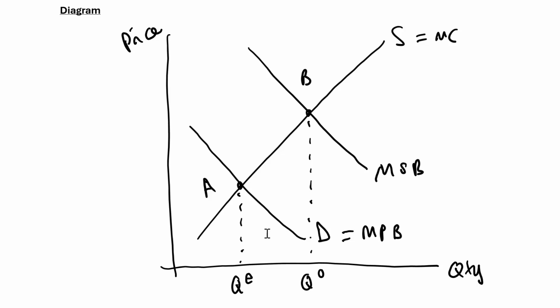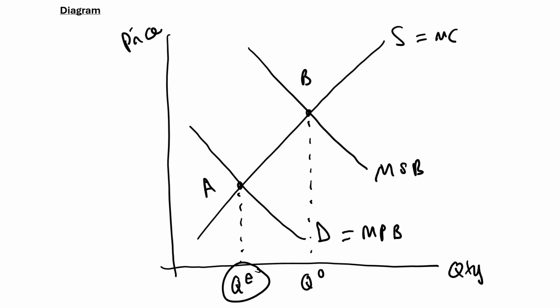So in a free market, decisions are made based on private benefits. People will consume a good only up to the point where their marginal private benefit equals the price. This gives us the market equilibrium quantity, which we'll call QE. But because of the positive externality, the marginal social benefit curve actually lies above the marginal private benefit curve.